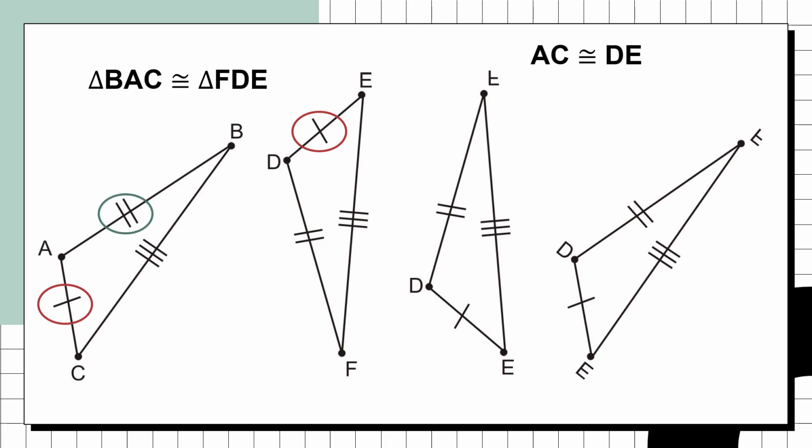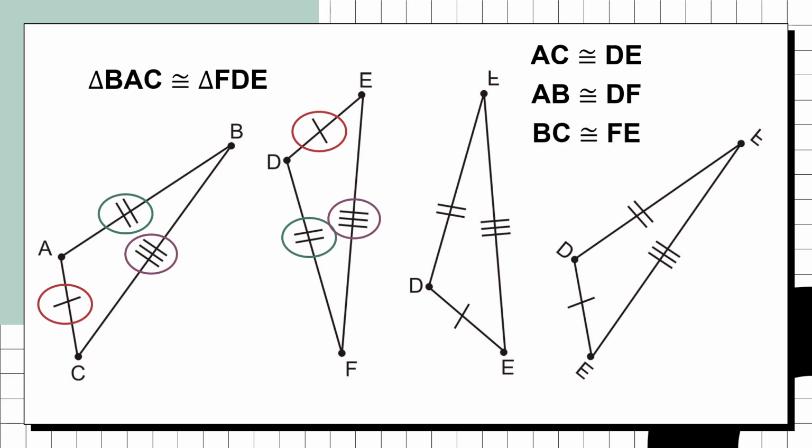And then, itong dalawang marker dito, ito naman ang katapat niya, yung dalawang, may 2 marks din. So, we have line segment AB is congruent to line segment DF. And of course, the last one is, yung may 3 markers, and this one, ito yung corresponding na 3 markers niya. So, we have line segment BC is congruent to line segment FE.